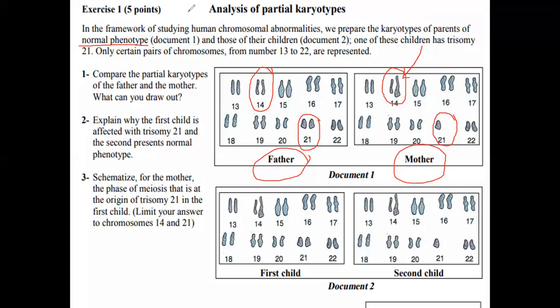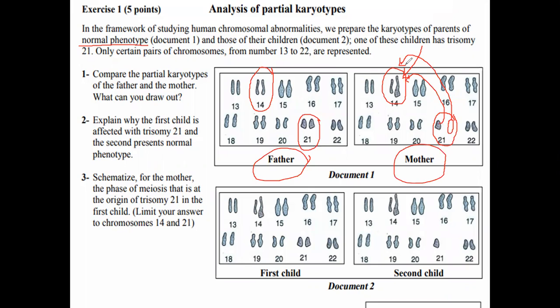This can be explained by a Robertsonian translocation from 21 to 14. A part of chromosome 21 was translocated to chromosome pair number 14, and this explains the difference in the size of the chromosomes in pair number 14.